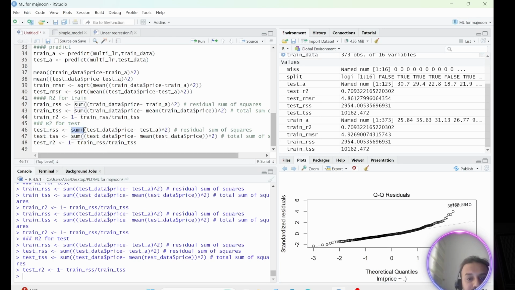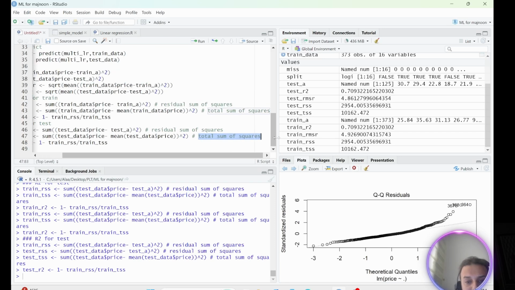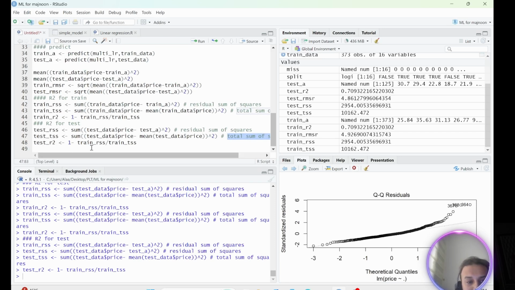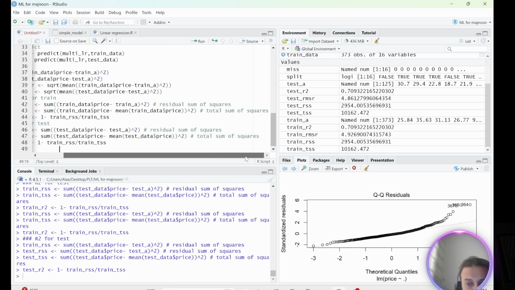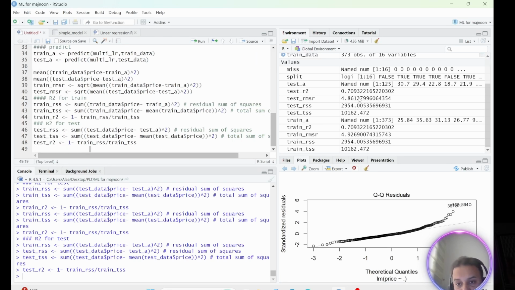The residual sum of squares is where you take the sum of the test data price y minus y hat, the predicted one, squared, and divide by the total sum of squares. So 1 minus the residual sum of squares divided by the total sum of squares. This is how you calculate the r square, and you check the test r square of 0.709 and the train r square of 0.715. So they are very close to each other.